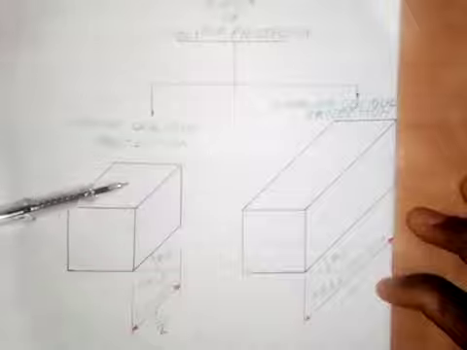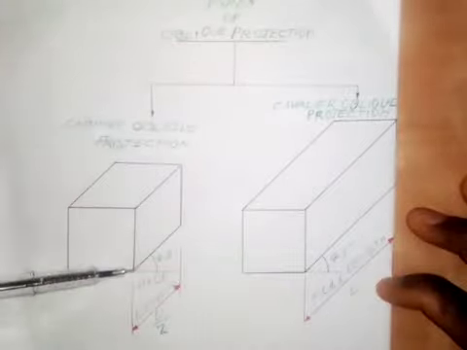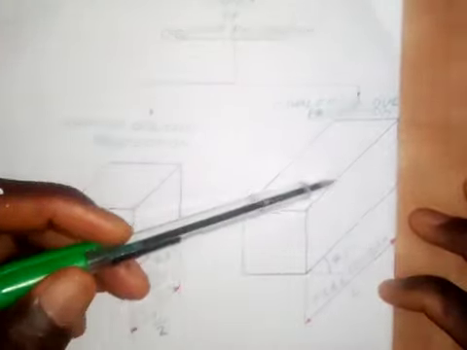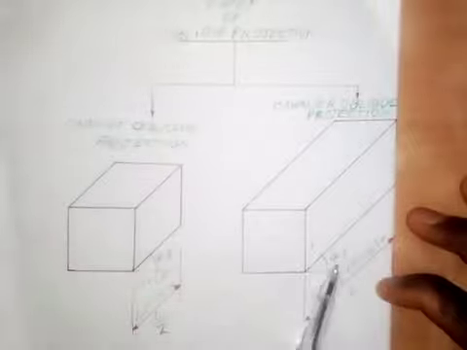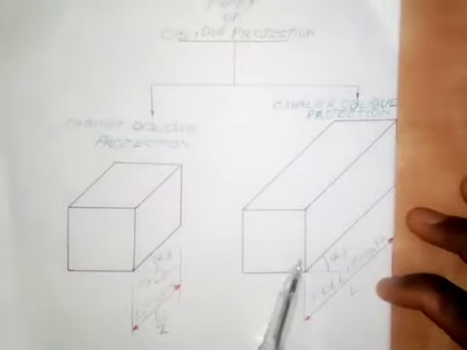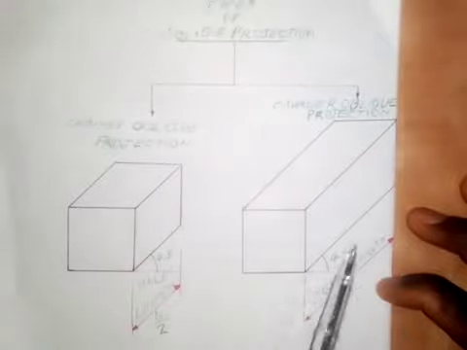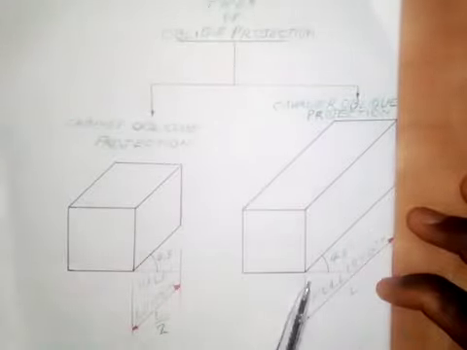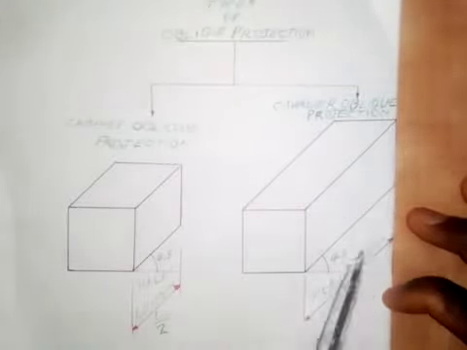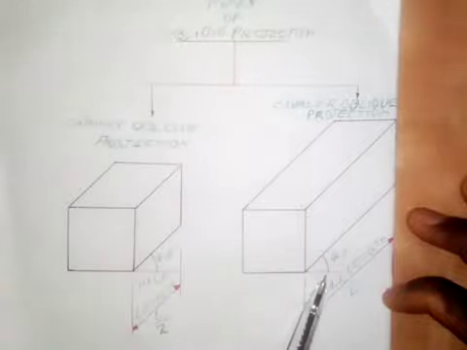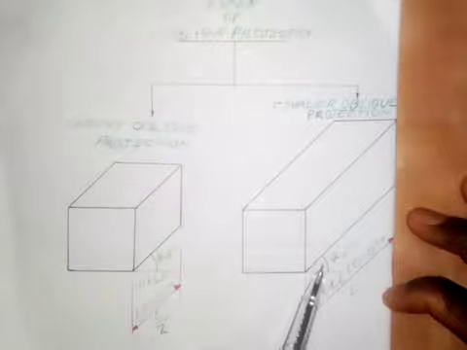Coming here, as I said, this is the cabinet oblique projection, and this is the cavalier oblique projection. Let me start with the cavalier oblique projection. In the case of cavalier oblique projection, the receding line is drawn full size, and don't forget that the receding line or the receding axis of an oblique object is always at an angle of 45 degrees to the horizontal.